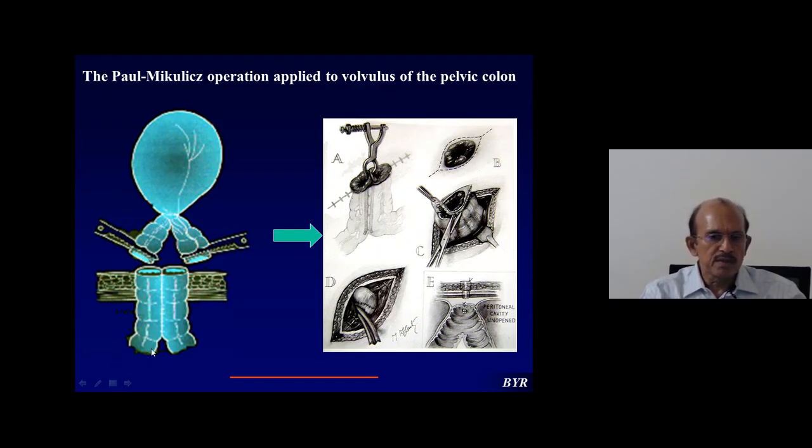Then you make an opening in the left iliac fossa, get the colon bearing the tumor outside, and the ascending and descending limbs are sutured together to make a double barrel structure. Then you excise it and make it a colostomy. So this colostomy has two openings.